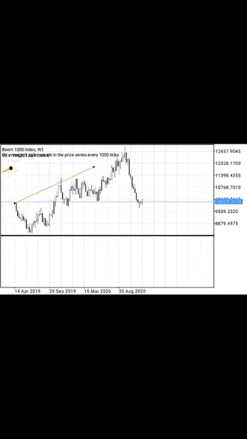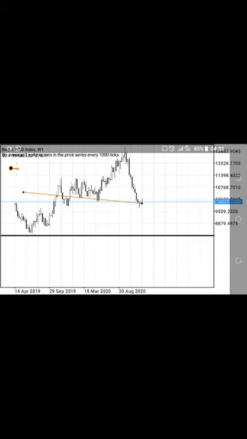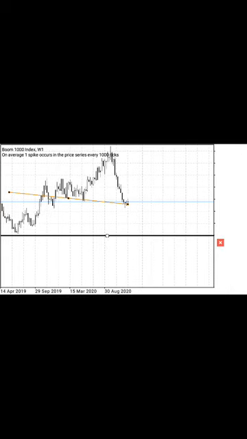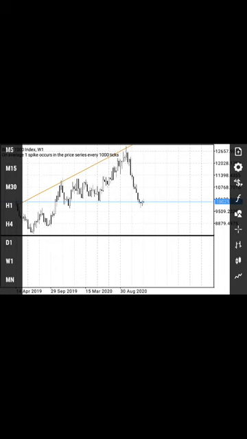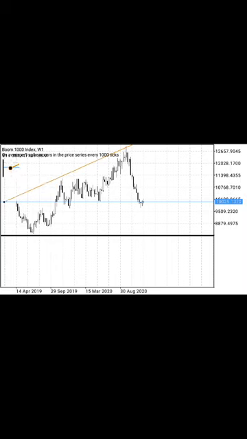Now for some people that are still learning how to draw trend lines, it might appear a little bit cumbersome at first, but like the saying, consistent practice is what begets perfection. Don't give up on practicing. Then before you know, you'll have it.